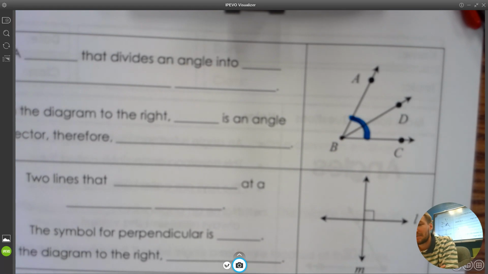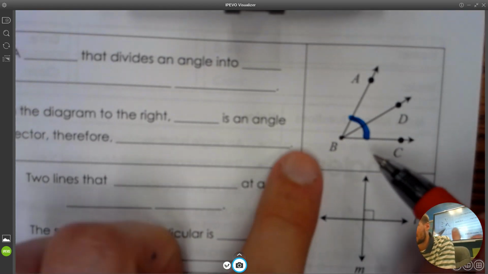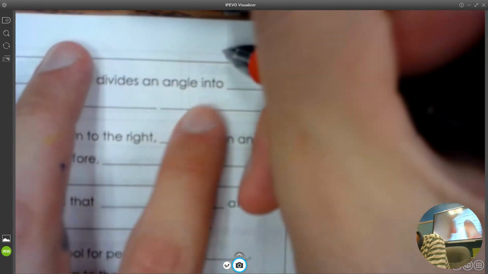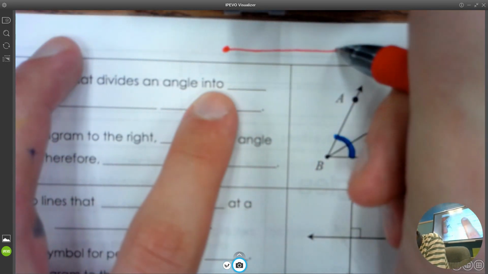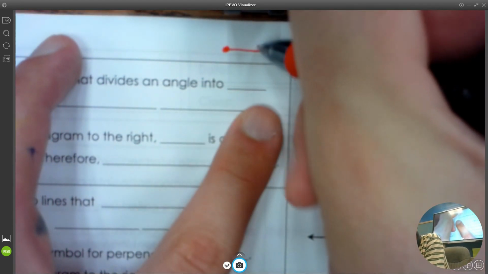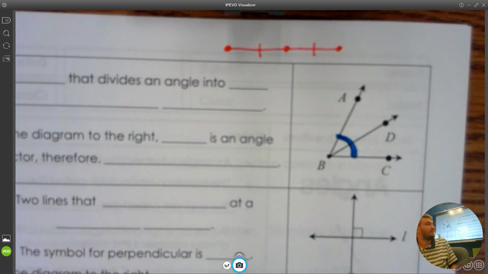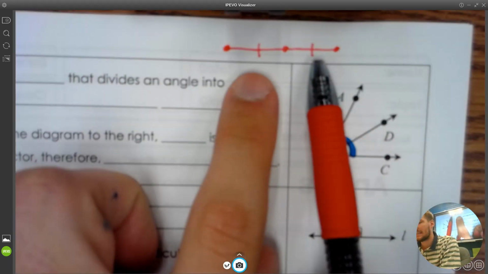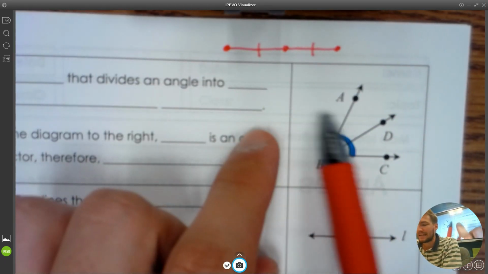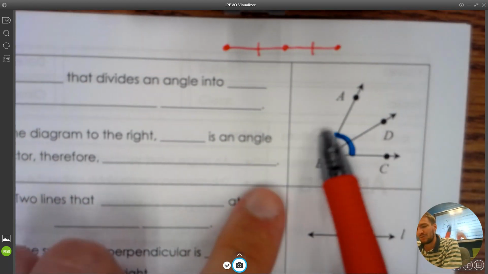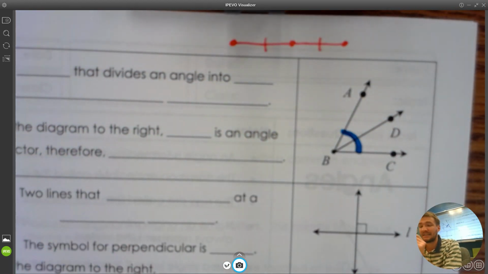This shape here works the same as our line segments when we put this slash on them, okay? So remember, when we have this slash through our line segments, that tells us we can guarantee these are congruent. We can guarantee these are equal distances. Same thing with this shape, okay? If you see these curves, that guarantees that those have the same measurements.